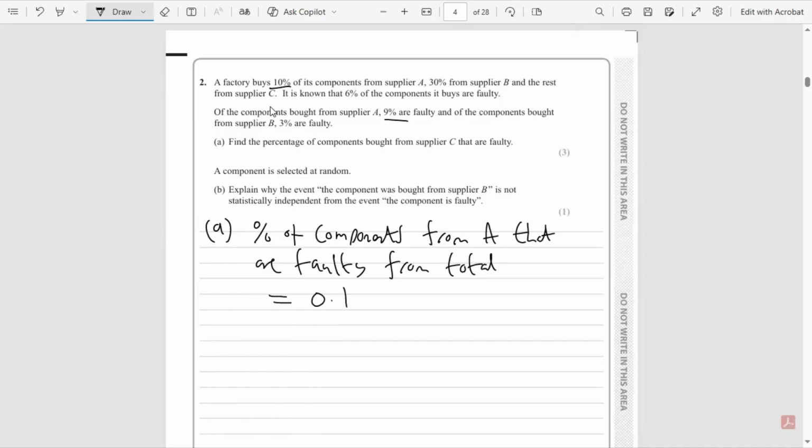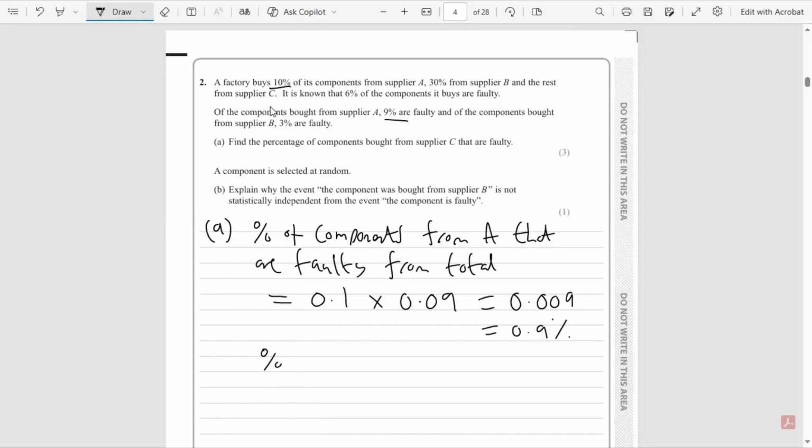So 0.1 multiplied by 0.09. So this would be 0.009, so this would be 0.9%. So 0.9% of the total components come from supplier A and are faulty.